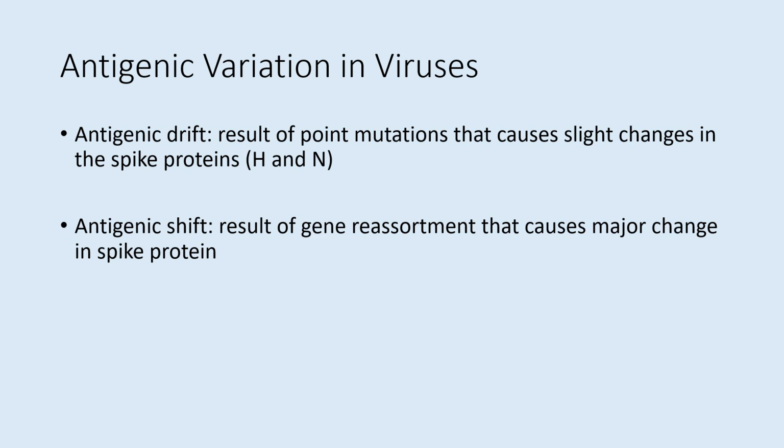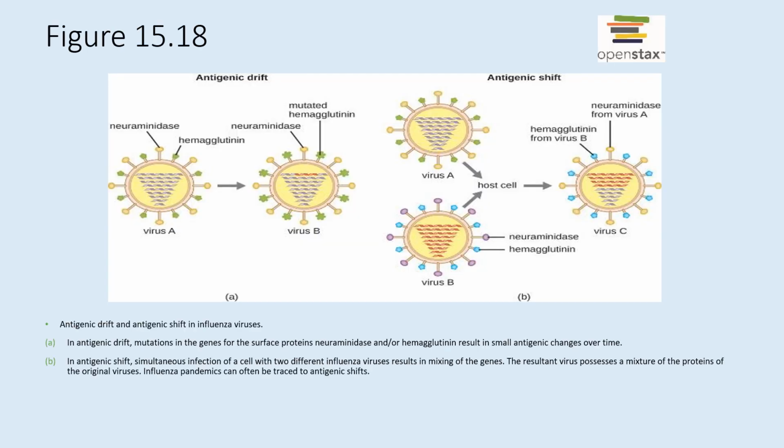A shift is a major change in those spike proteins. And so this is just showing on here the proteins, and as you can see, we just abbreviate as N and H, and we give them the numbers for them.